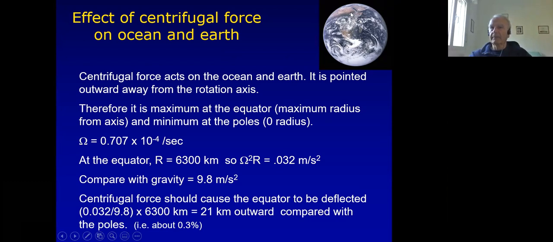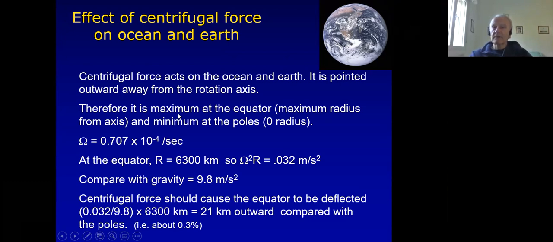It is perpendicular to the rotating axis, and this is the rotating axis. You know that the rotating axis is not really vertical, but it's this way. Anyhow, if this is the rotating axis, the centrifugal force here is this way, and here is this one, and so forth.